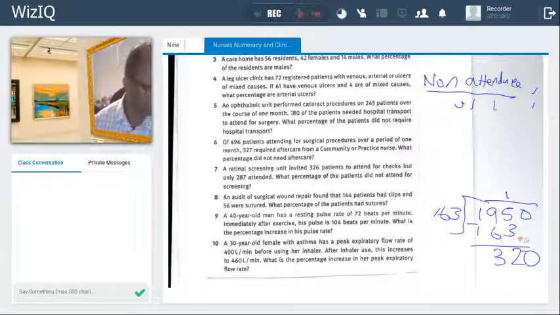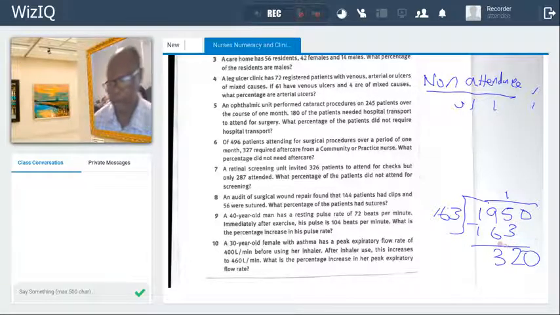163. How many times can it go there? That's correct. 5 take away 3, 320.